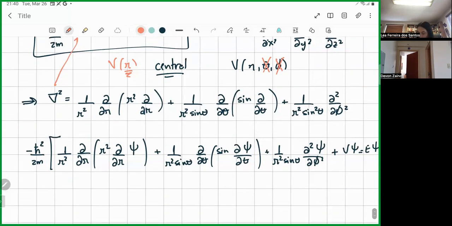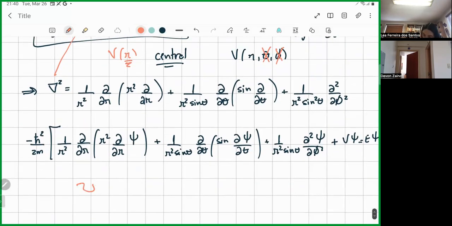So remember, before we said, well, my function is x and time. Because the potential does not depend on time, let me try to write it as x and something that depends on time. That's what we did.